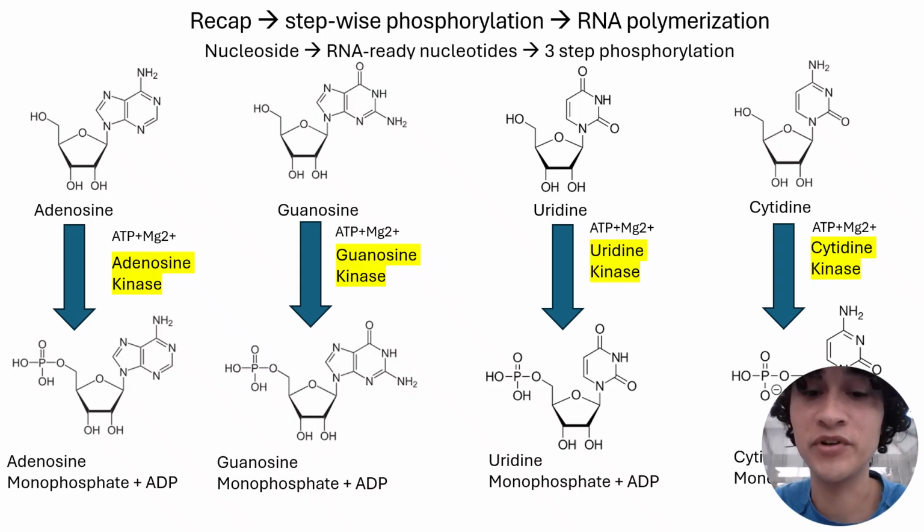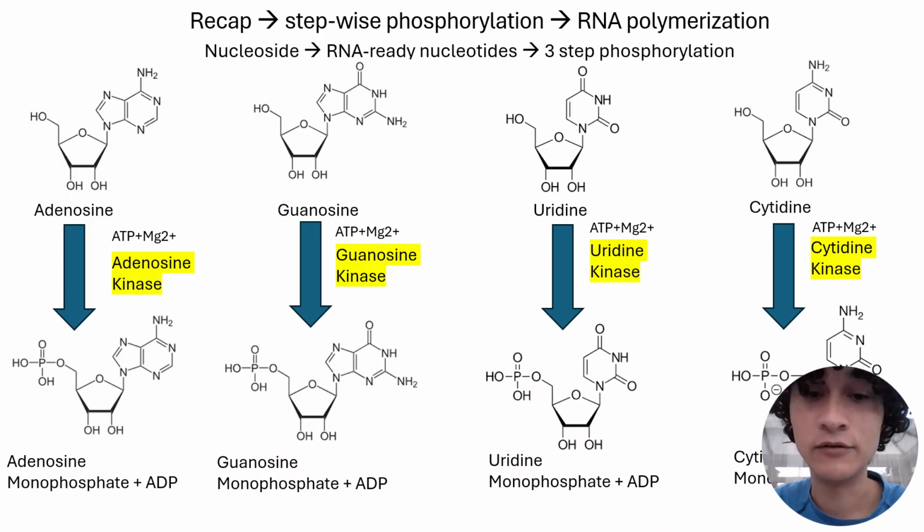I'm going to use uridine as an example because we already discussed adenosine, guanosine, and cytidine. We start off with our uridine nucleoside, which is just uracil bonded to our ribose sugar via a glycosidic bond. Okay, and then uridine kinase is going to transfer a phosphate group. ATP, adenosine triphosphate, is acting as our phosphate donor. It's going to catalyze that transfer of phosphate groups to give us uridine monophosphate, and we get adenosine diphosphate as a product.